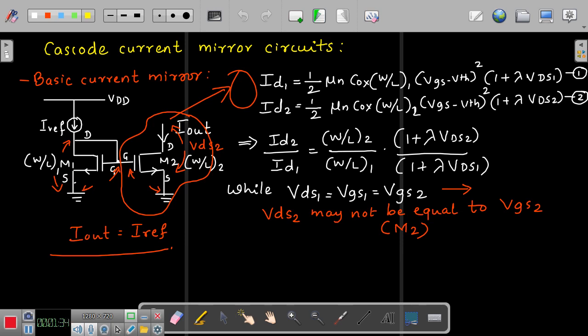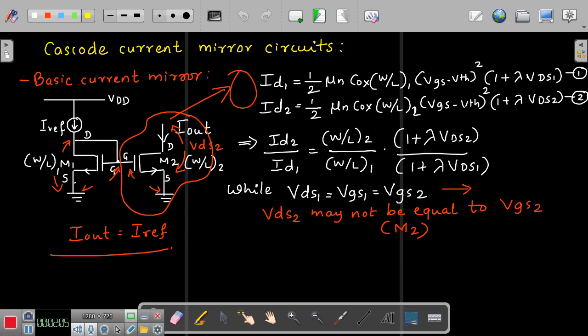So if you want I out equal to I reference, the deviation of VDS2 with respect to VDS1 will not allow you to exactly copy the current from the reference source when you consider the effect of channel length modulation. If you do not consider channel length modulation, then the basic current mirror circuit will be okay.